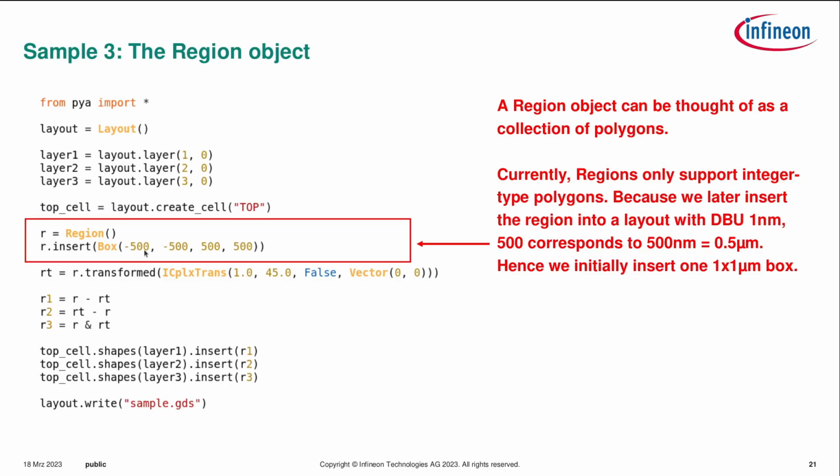Since we haven't changed the database units, it's still nanometer, and so the lower left coordinate is -500 -500 nanometer, so half a micrometer, and the top right coordinate is 500 nanometer, so half a micrometer, and this makes the box a 1 by 1 micrometer centered box.